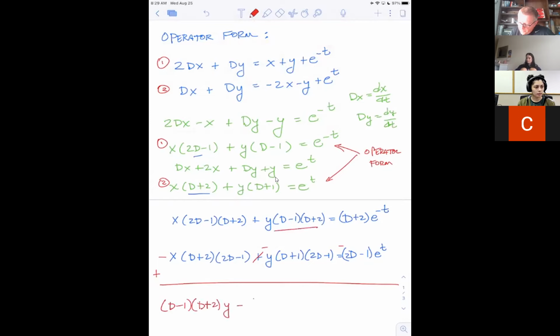And then it'd be minus d plus 1 times 2d minus 1, also times y. And on the other side of the equal sign, I'd have d plus 2 times e to the negative t minus 2d minus 1 times e to the positive t. Need a little bit more real estate. e to the positive t. Do you agree with that? We all right algebraically? Haven't done anything wrong?